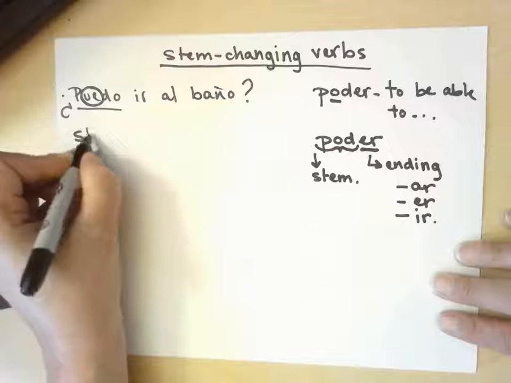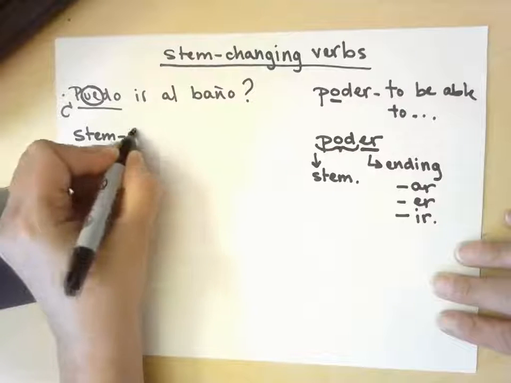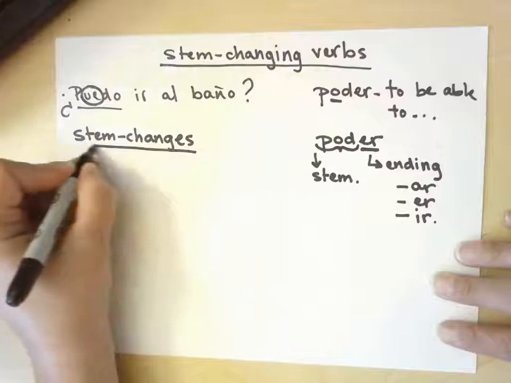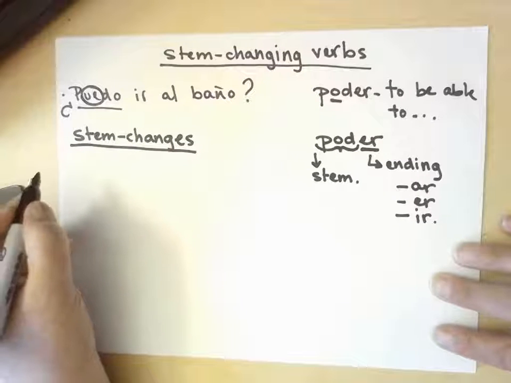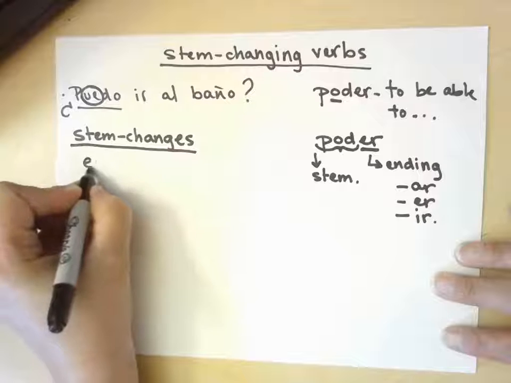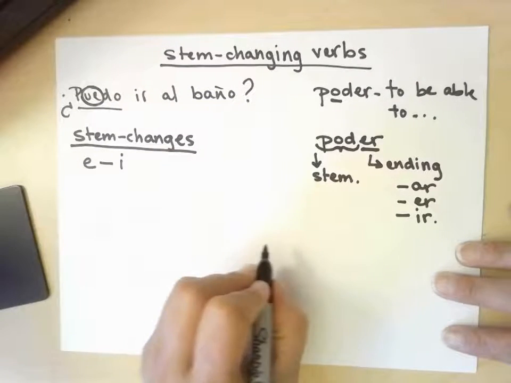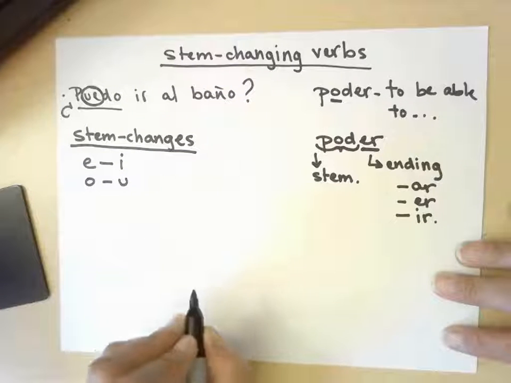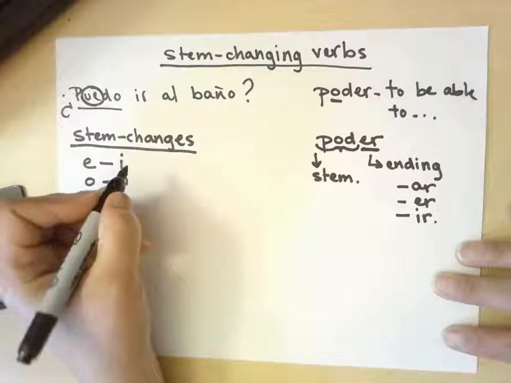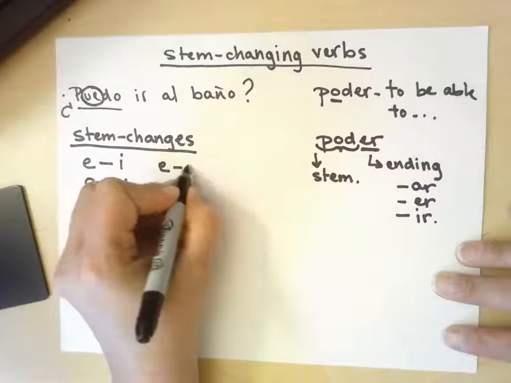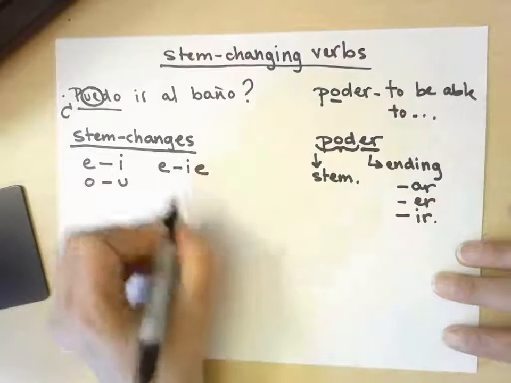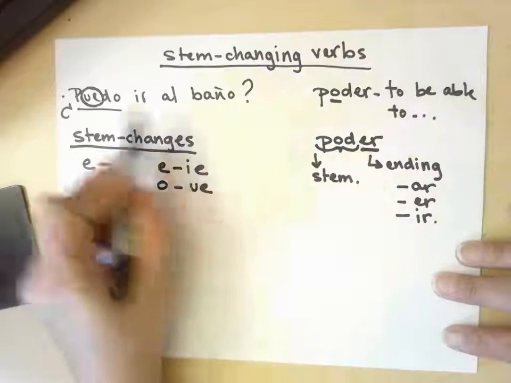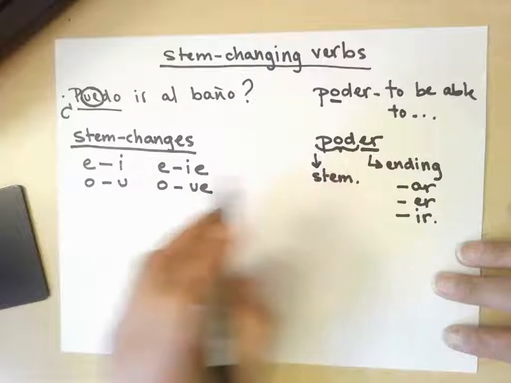First, let's look at some stem changes that happen regularly in Español so that you are aware of them. A very common stem change that we see is E to I. We also see O to U. We see E to IE, O to UE, which is the case here with the verb poder.